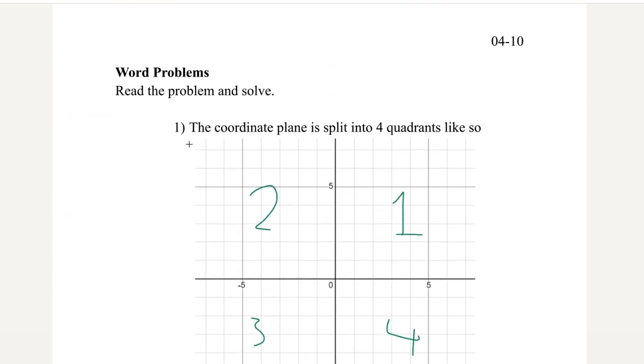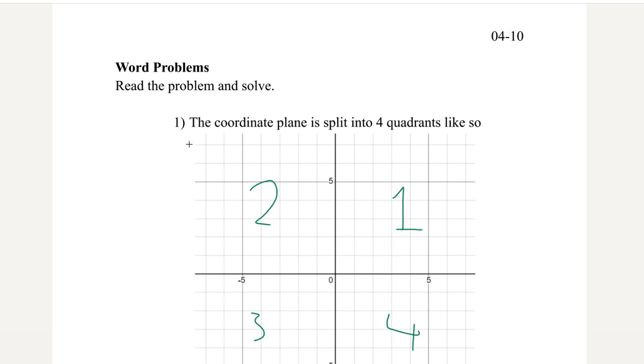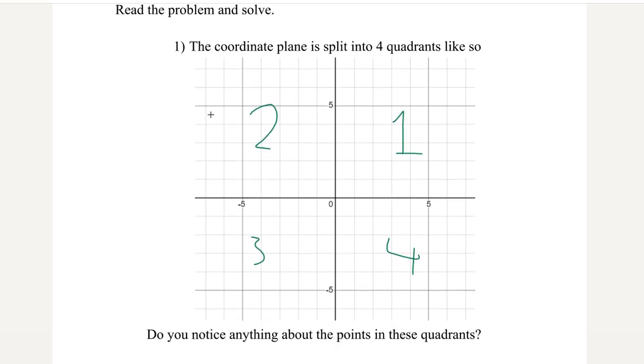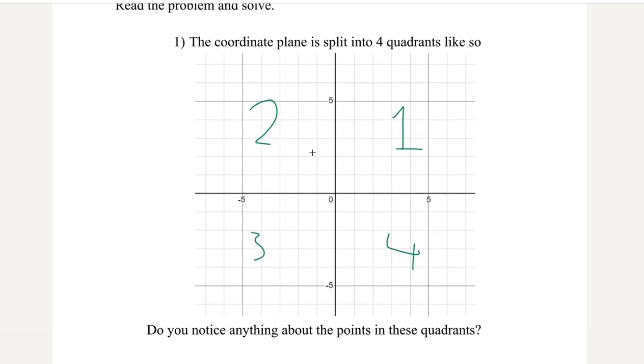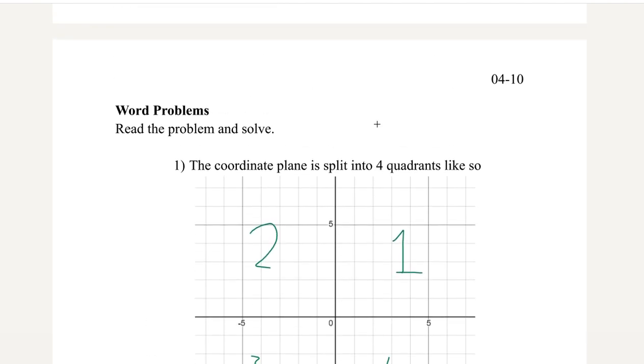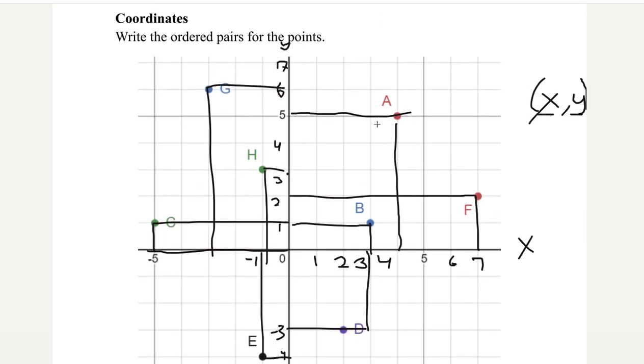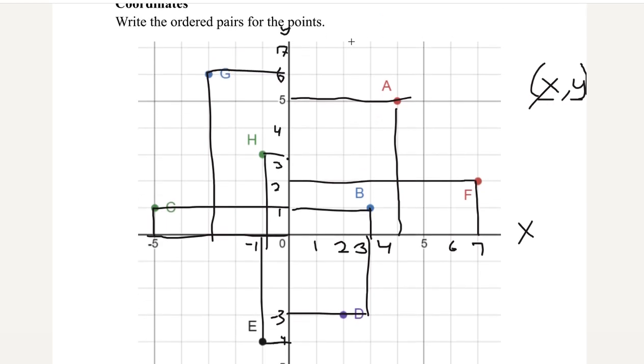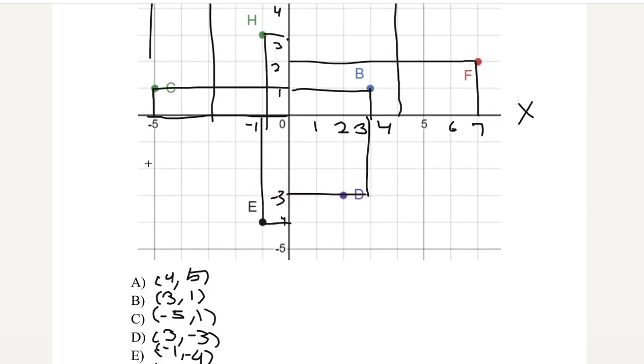Let's look at this problem. The coordinate plane is split into 4 quadrants like so. Do you notice anything about the points in these quadrants? When you look at our graph, you can see that there are 4 boxes. There's one right here, one right here, one right here, and one here.